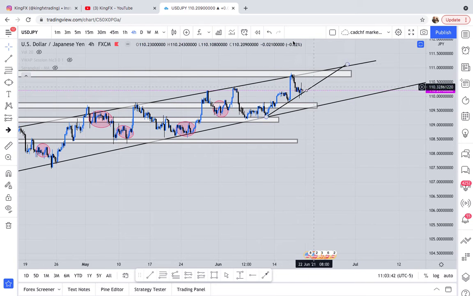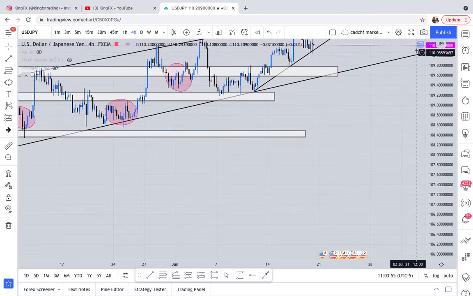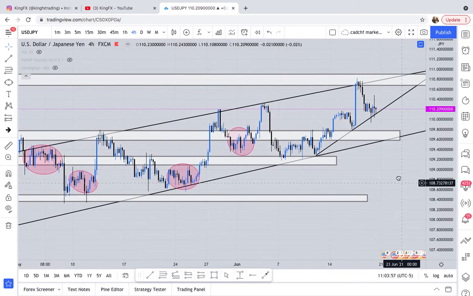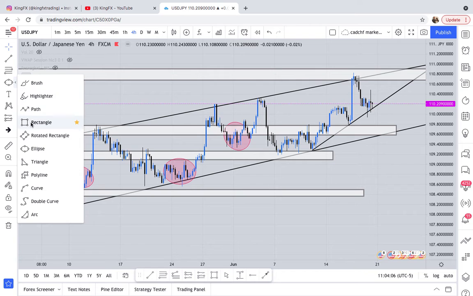If price comes back down to these areas, we can either take a buy or take a sell. Some good examples of this is right in here. Price, this would be the zone right here too. Let's go ahead and add that real quick.